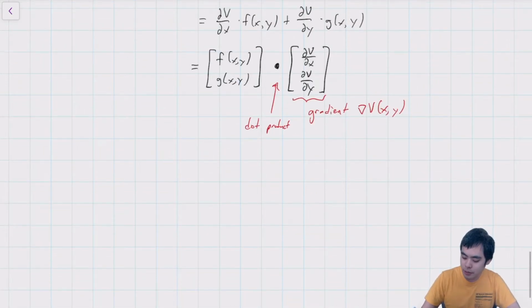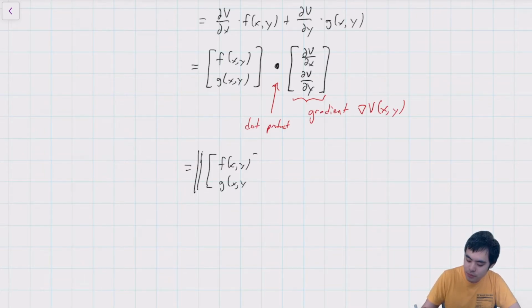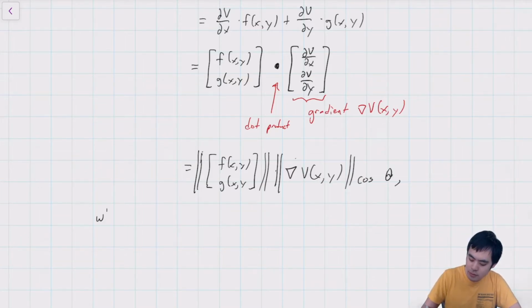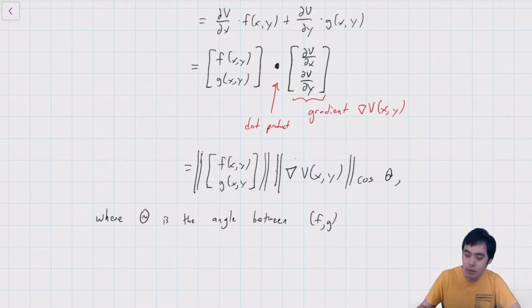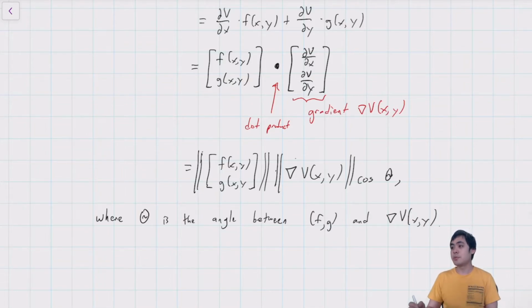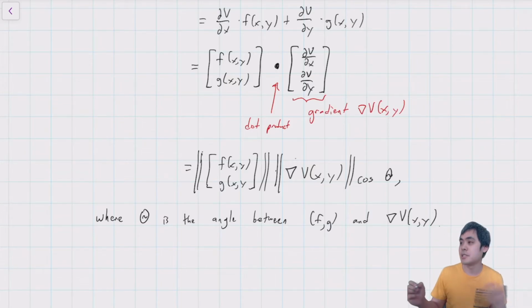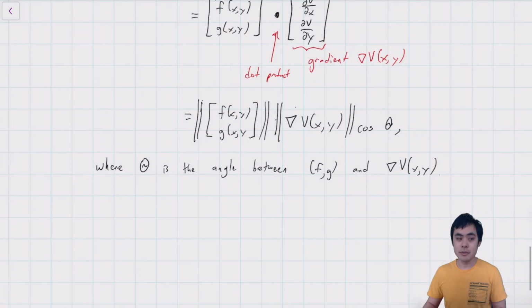And because this is a dot product, we can also rewrite this as the norm of our function f and g times the norm of the gradient times cosine of theta, where theta is the angle between the fg vector and the gradient. This cosine comes from one of the geometric properties of the dot product.